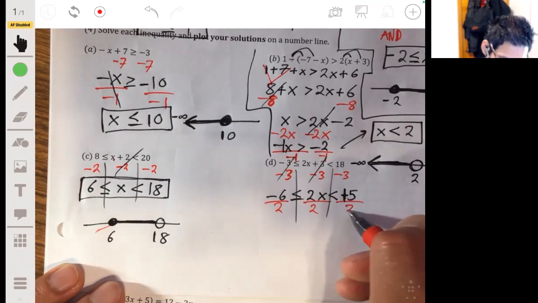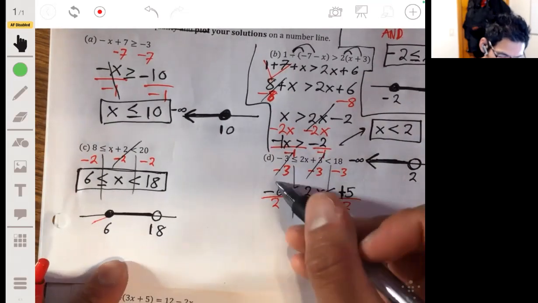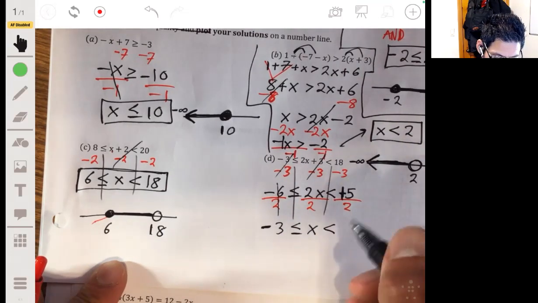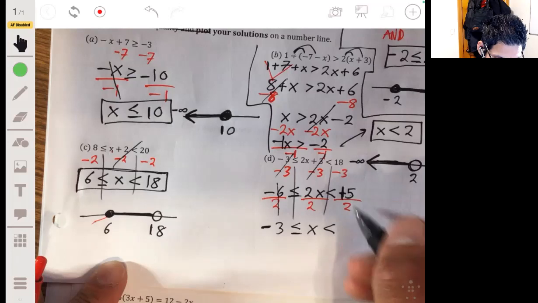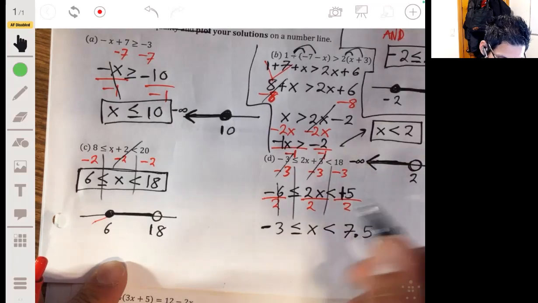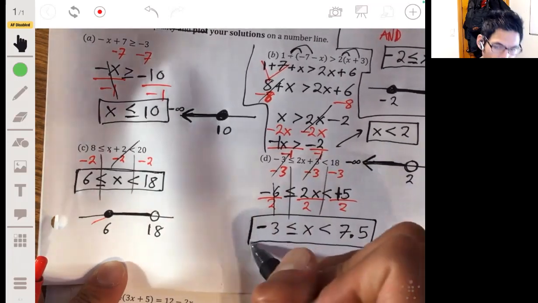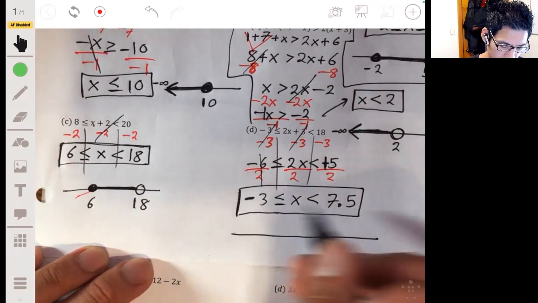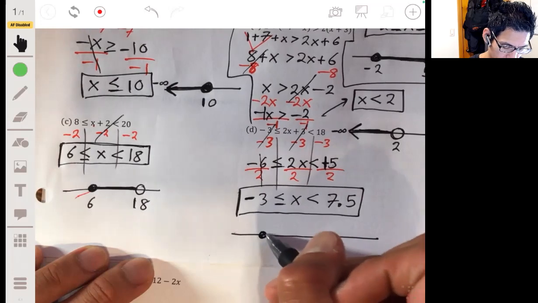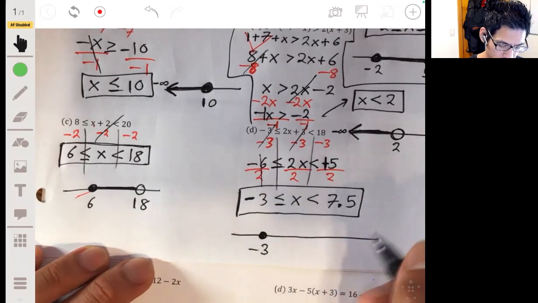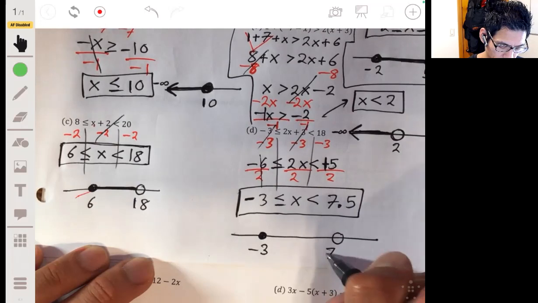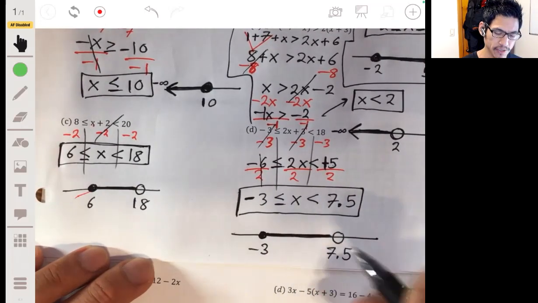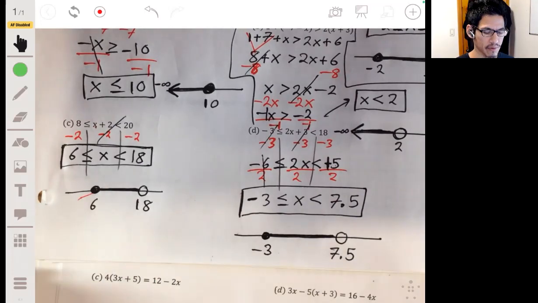Divide each part by 2. -3 is less than or equal to x, and x is less than 7.5. And the number line looks just like this. -3 on the left, the closed circle, open circle on 7.5 on the right, shade between, and there we go.